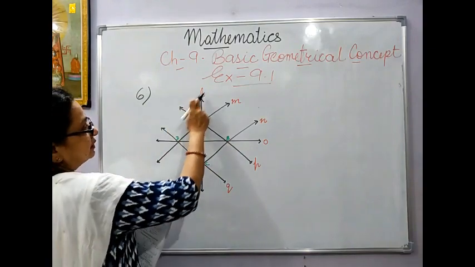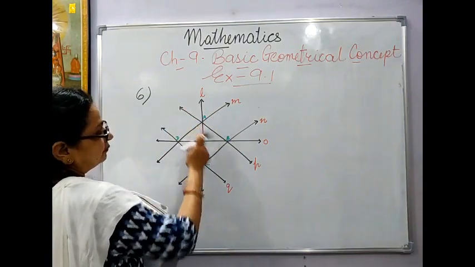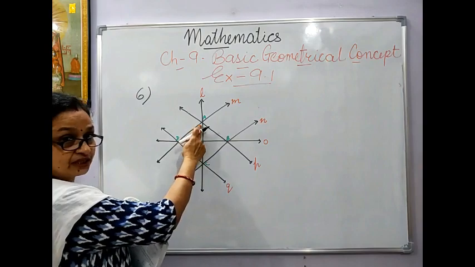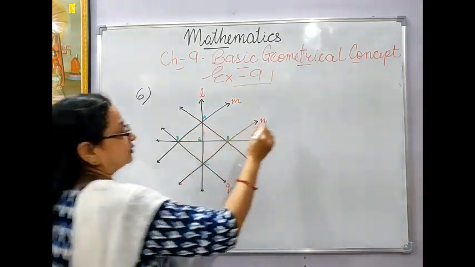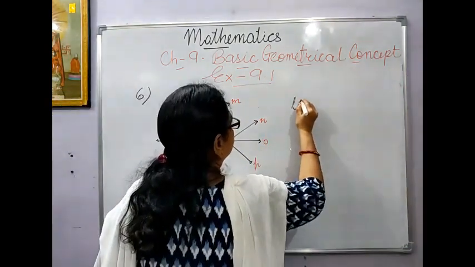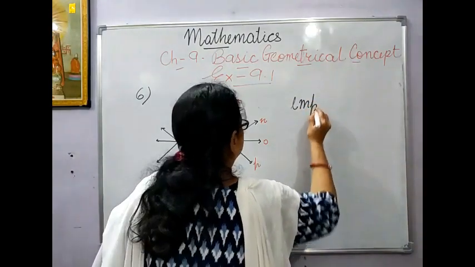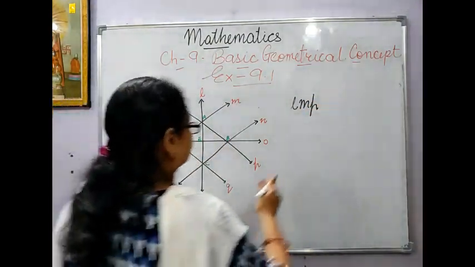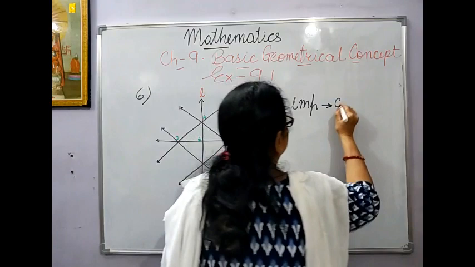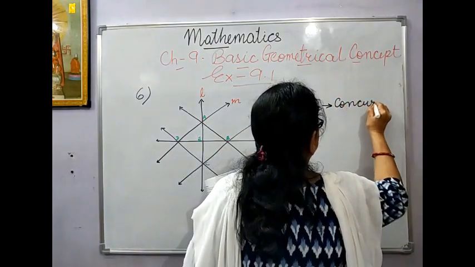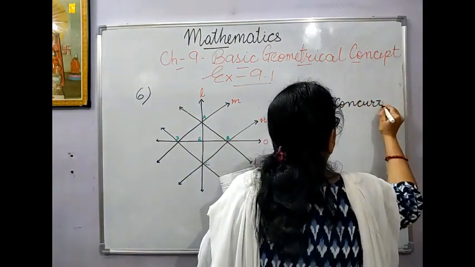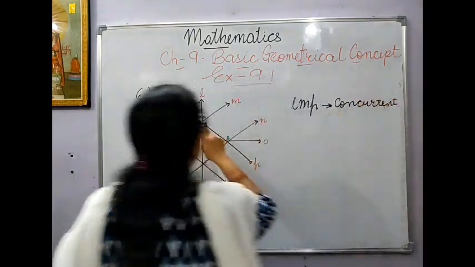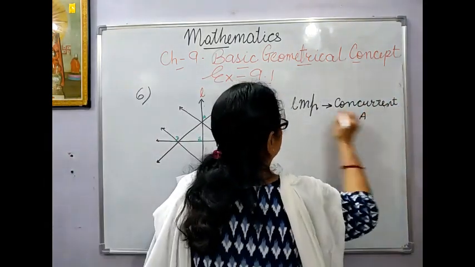See here, these lines L, M and this P are crossing each other at this point. So it will be L, M and P. These lines are concurrent at which point? A. Okay.